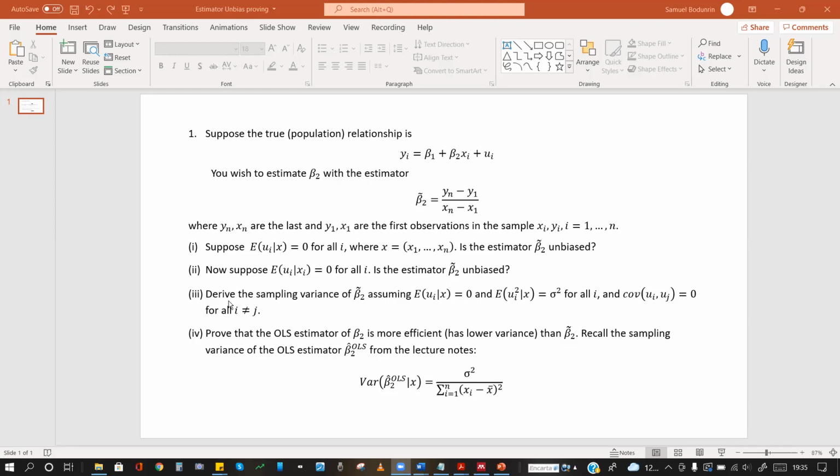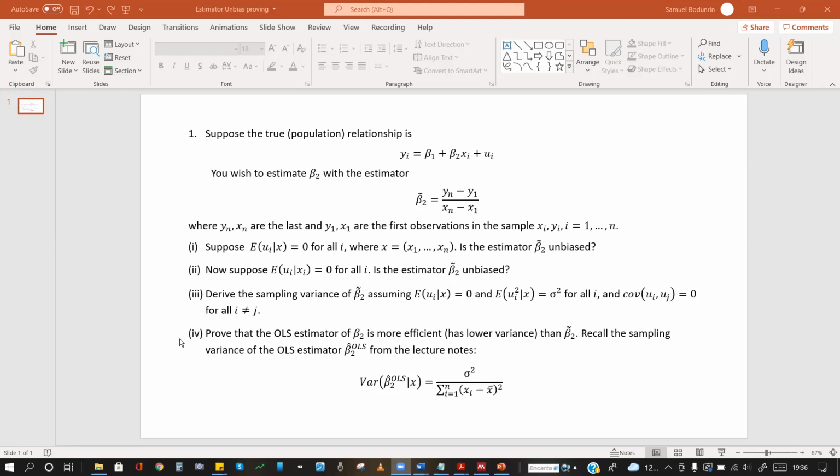Then the third question says derive the sampling variance of beta 2 tilde, assuming that the expected value of ui given x equals 0, and the expected value of ui squared given x equals sigma squared for all i, and the covariance of ui and uj equals 0 for all i not equal to j.